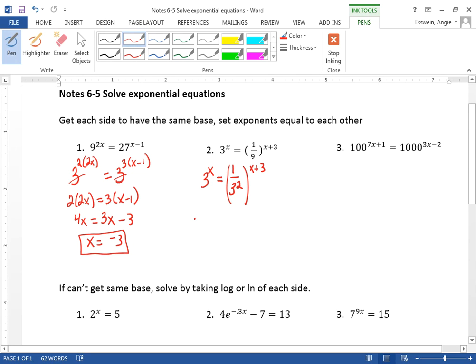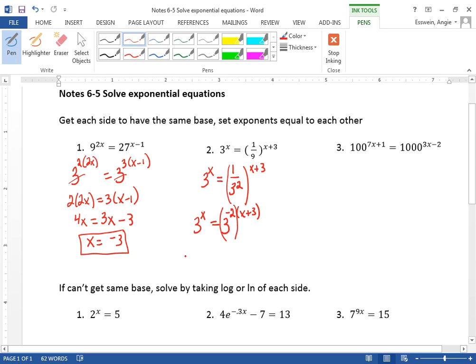Okay, and now how can I just make it 3? What happens to the exponent if I move it up? Yeah, it becomes -2. And it's still to the x plus 3 power. So I just changed 1 over 3 squared to 3 to the -2 power because of the laws of exponents.